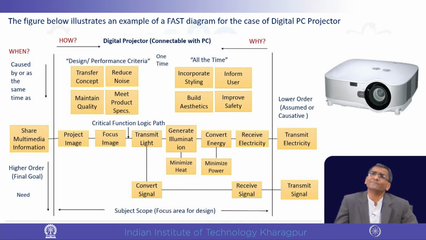Specification in terms of physical specification, weight, portability, size, and all the time there is styling, aesthetics, inform user, improve safety, which are important all time considerations which will go with this.